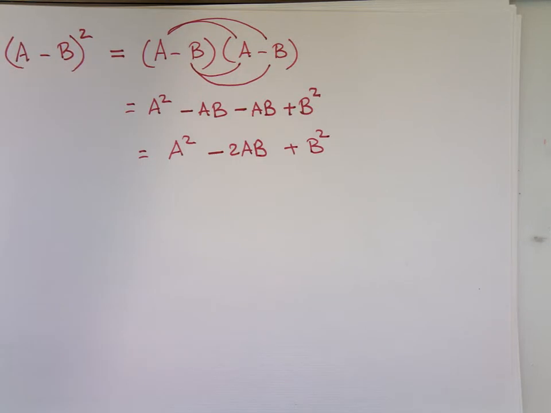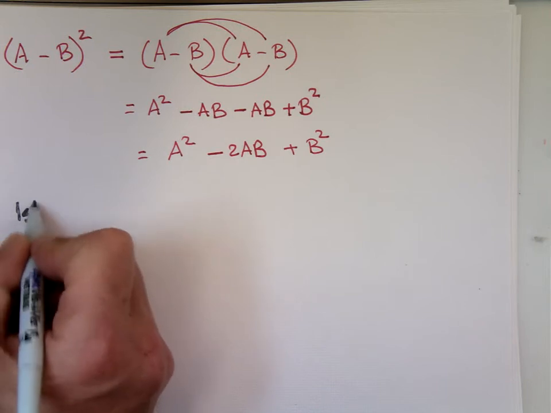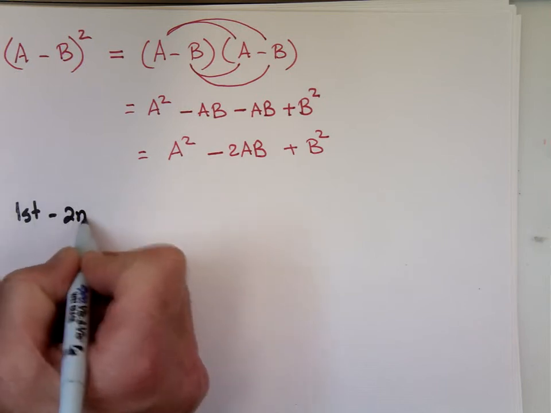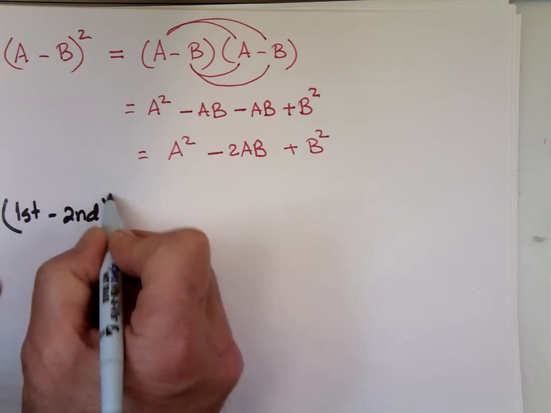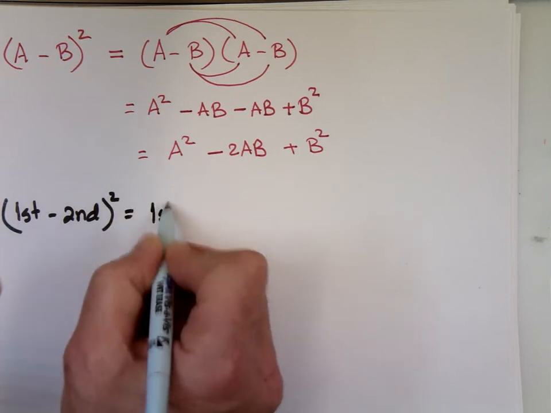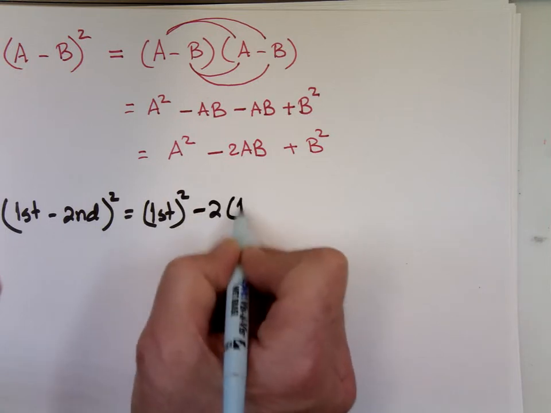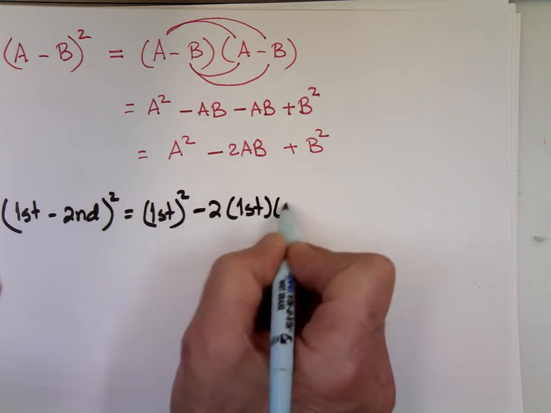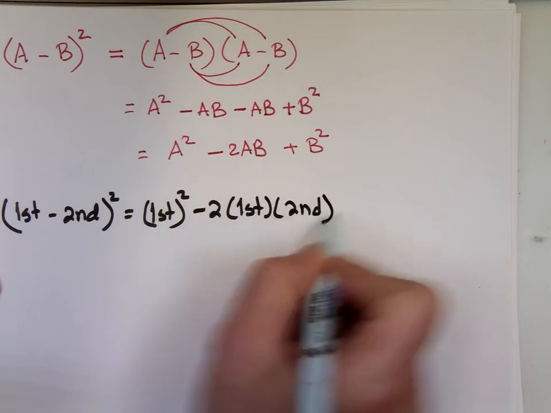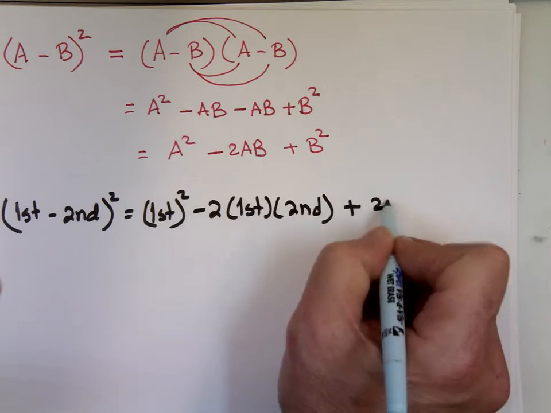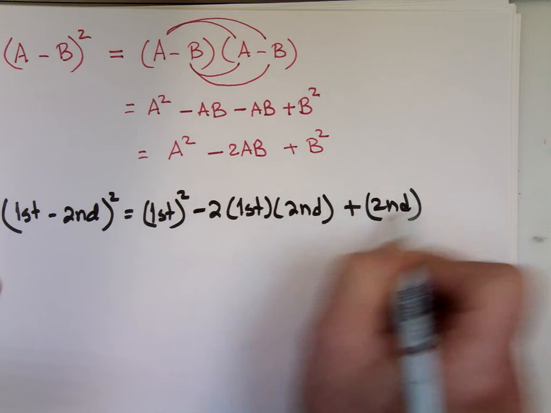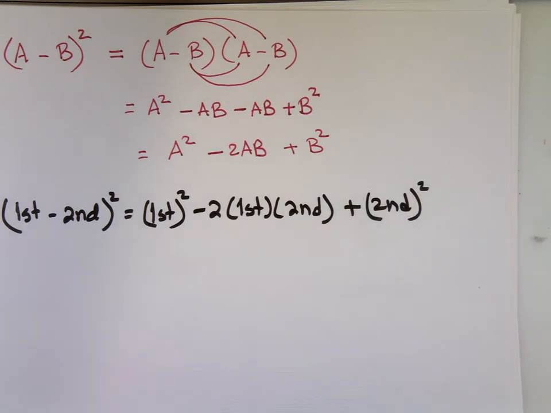That's the only difference. So if you have a first term minus a second and you want to square it, it is the first squared minus 2 times the first times the second plus the second one squared. That's the rule I'm using here.